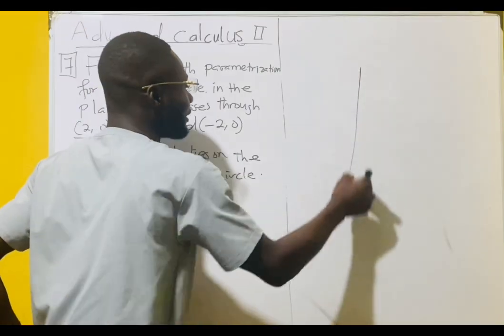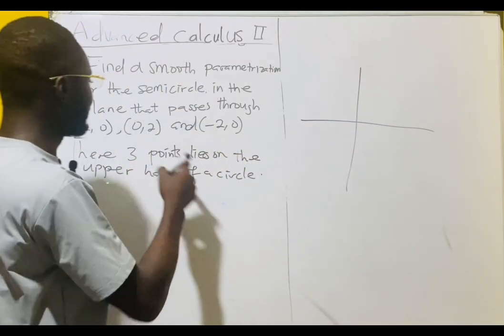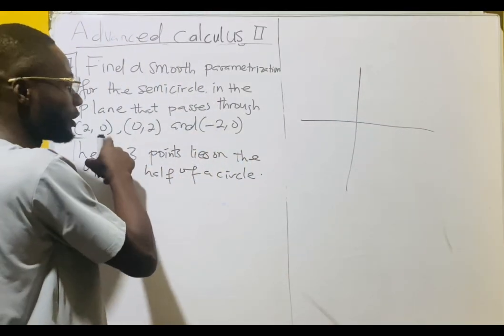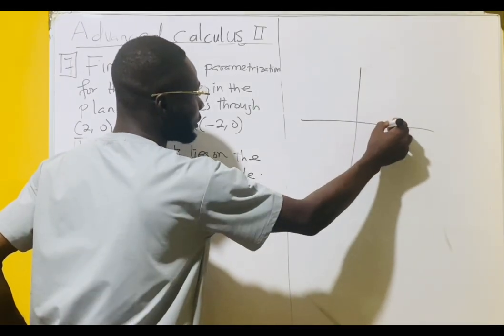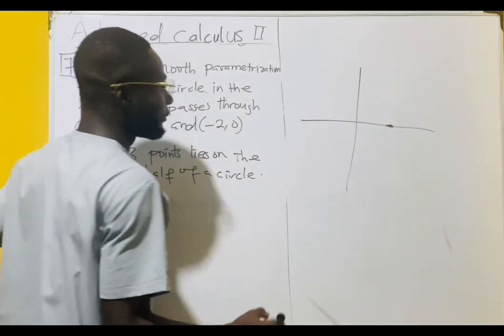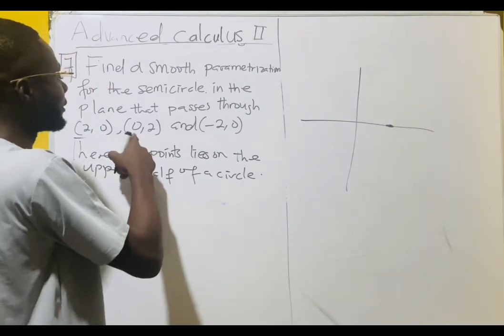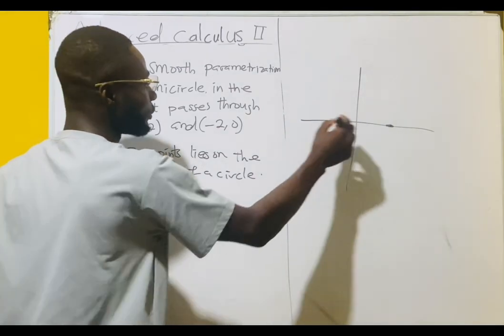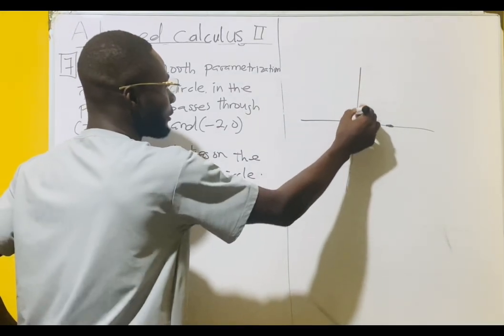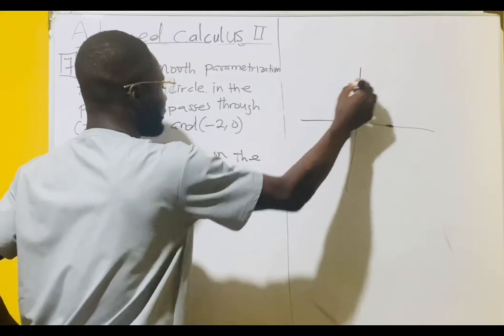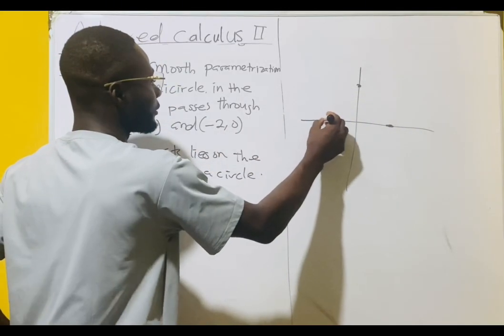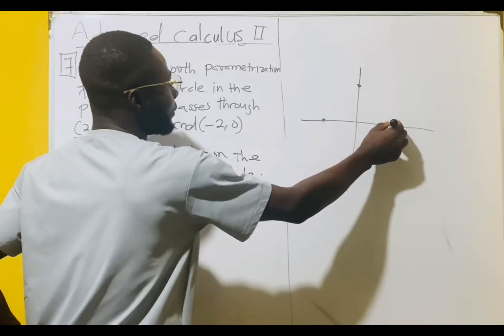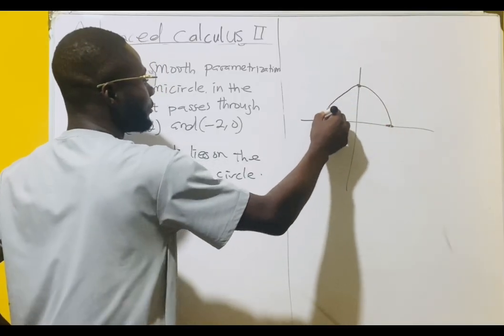So let's say that this is our plane and this is the point (2, 0). So it means that 2 will be somewhere here and 0, so it's going to be on the same line, right? And then (0, 2), we're going to have something around this section, and then (-2, 0), so we're going to have something around here, right? So it's a circle.